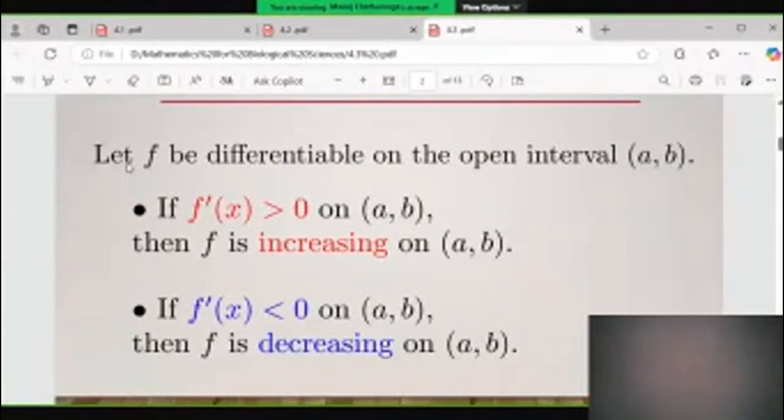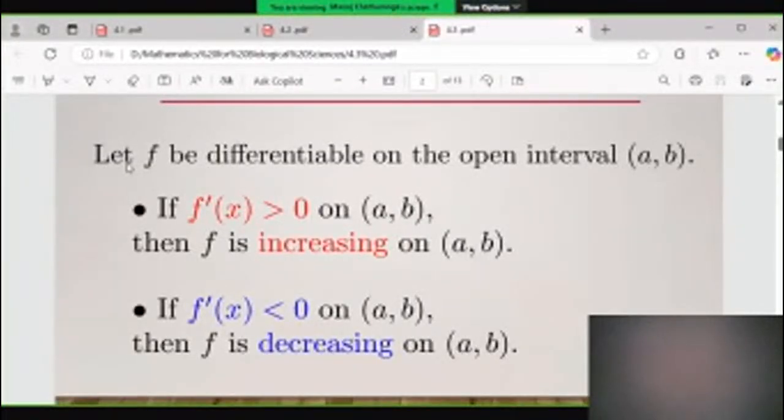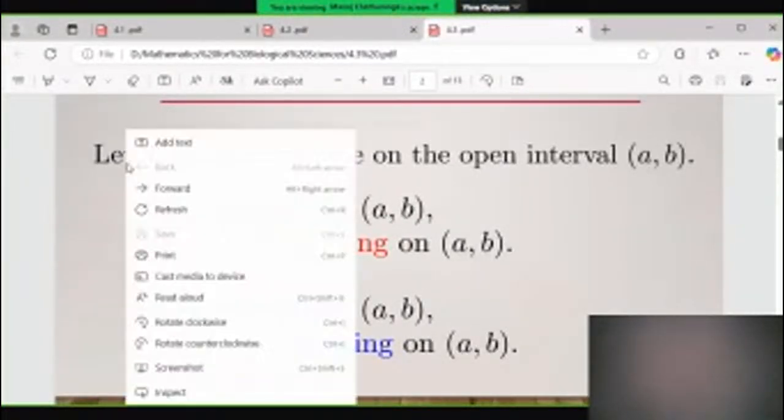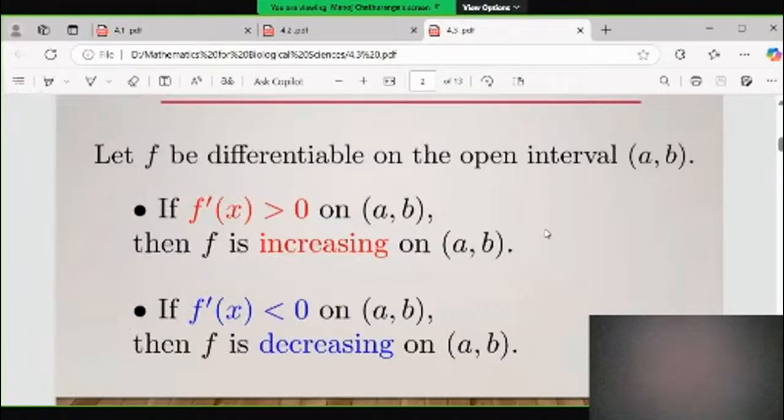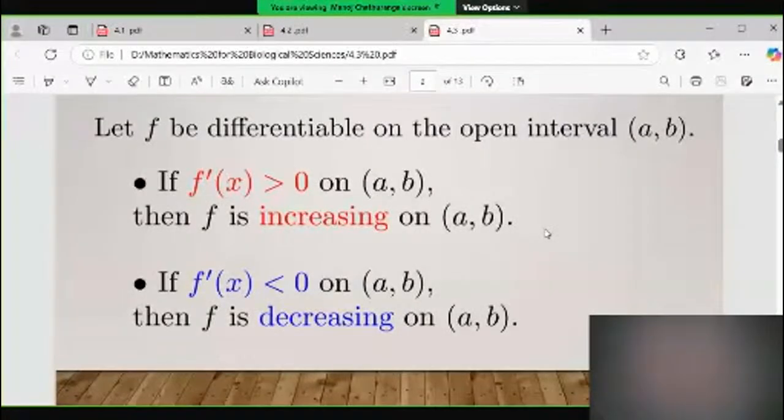When the derivative is zero, the function has reached a maximum or a minimum point. Again, when the derivative is undefined, we have reached a maximum or a minimum point, a critical point. So the derivative tells us everything we need to know. All we need to do is carefully put all this information together and graph.